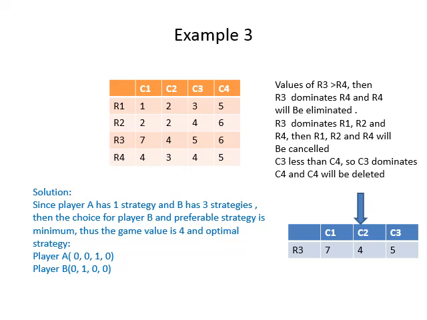Looking at row 3, we found out that the values of R3 are more than the values of R4 and more than the values of R1 and R2. Therefore, R1, R2 and R4 will be eliminated.